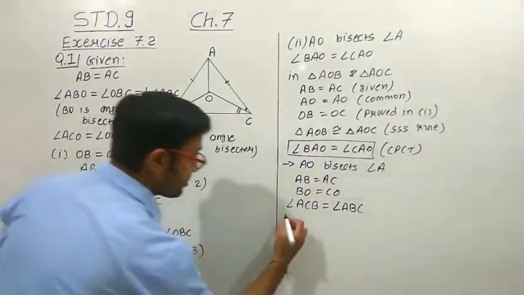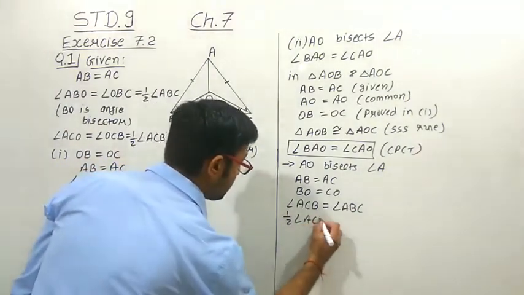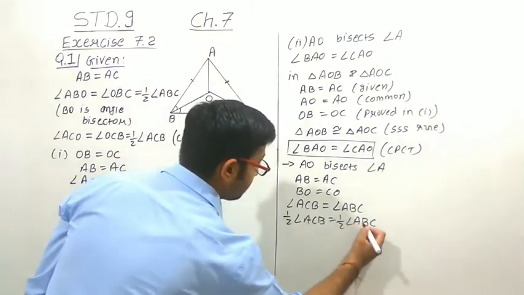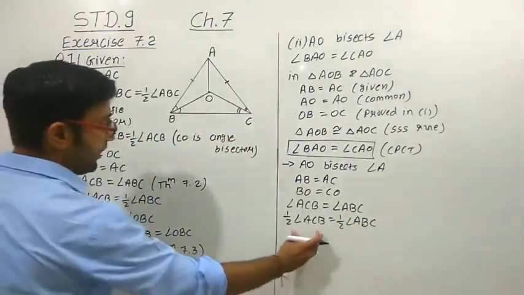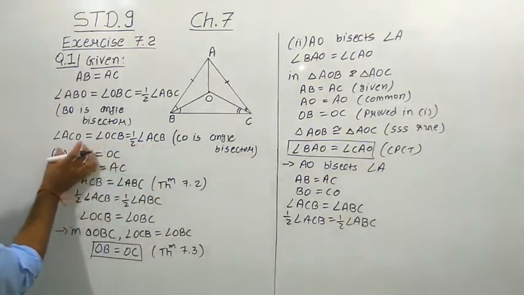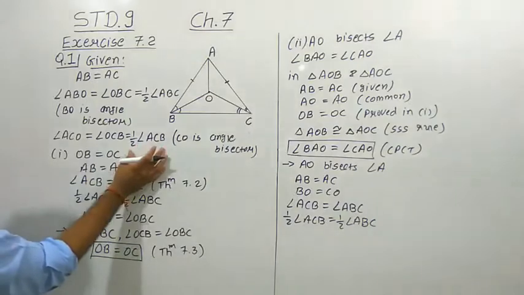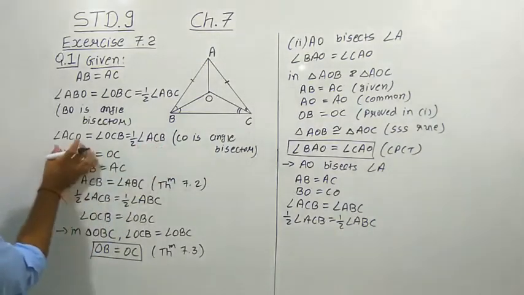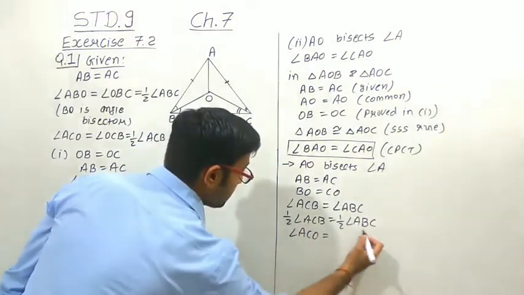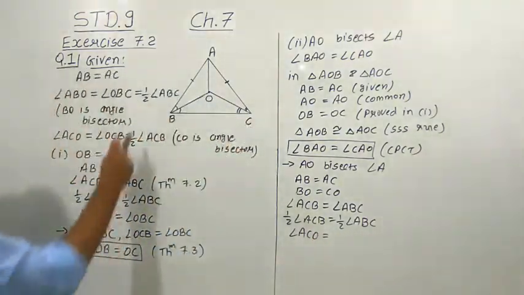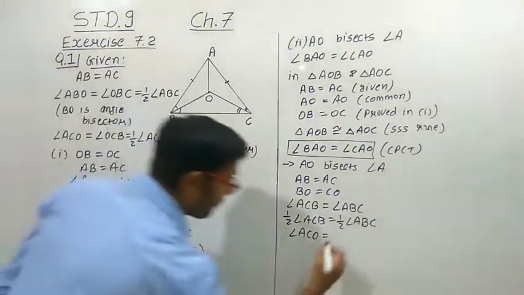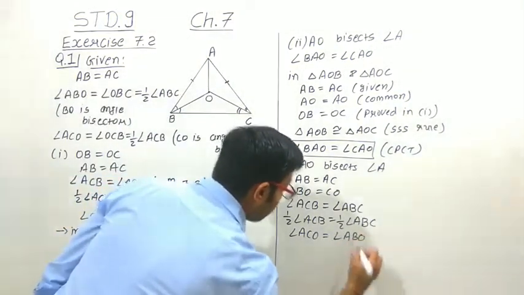Now take the halves. Half of angle ACB is equal to half of angle ABC. Half of ACB we can write as angle ACO, and in the same way, half of ABC we can write as angle ABO.